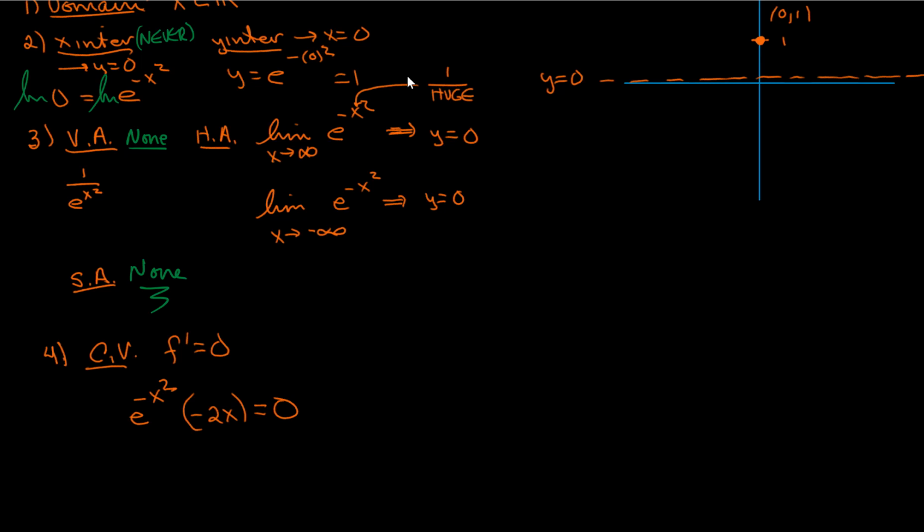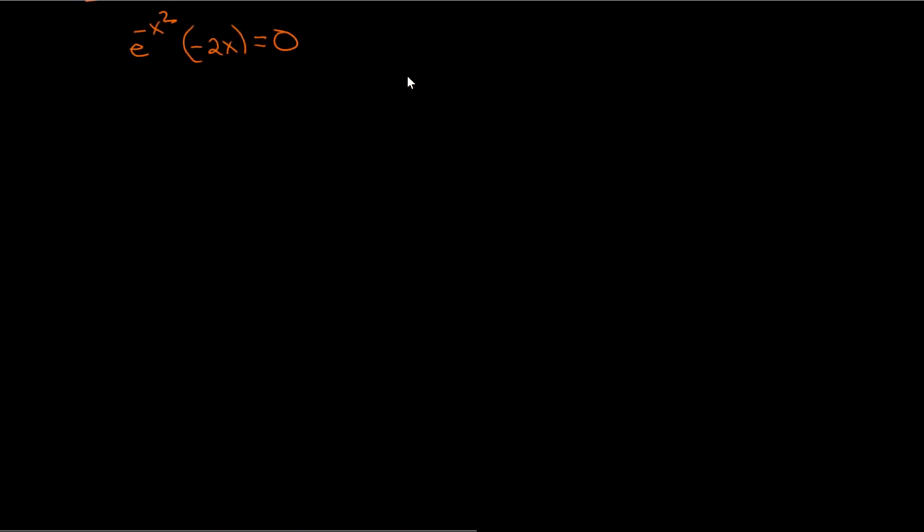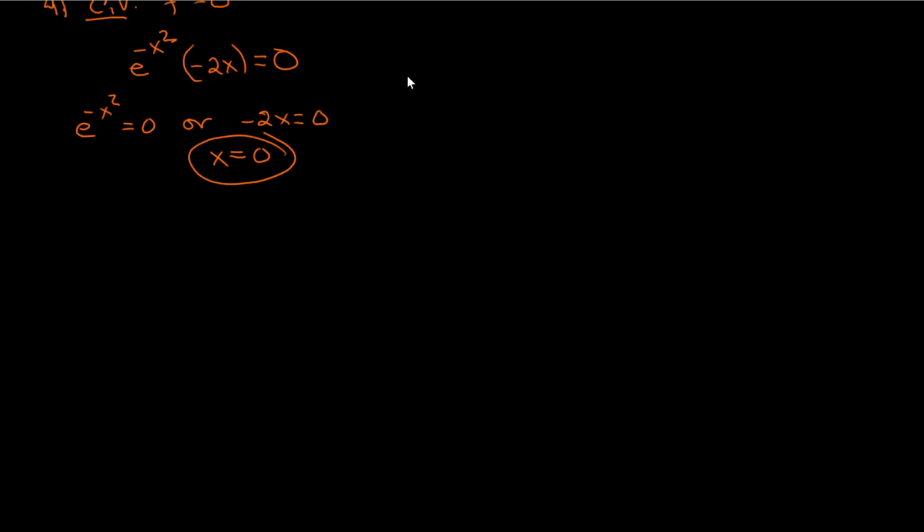Okay, well, this we can handle. This means either e to the negative x squared equals 0 or a negative 2x equals 0, giving us x equals 0 as a critical value.